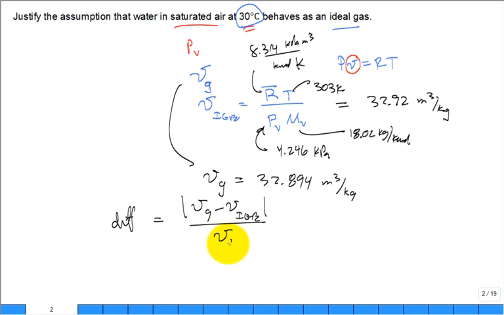Normalize it with the value we think is the most accurate, out of the steam tables. And you find that that's 0.8%. As an engineer, what do you think? 0.8%? Negligible. It's pretty good. So you can do this at, yeah, that's P sat right there at the 30 degrees because it's saturated air, right?